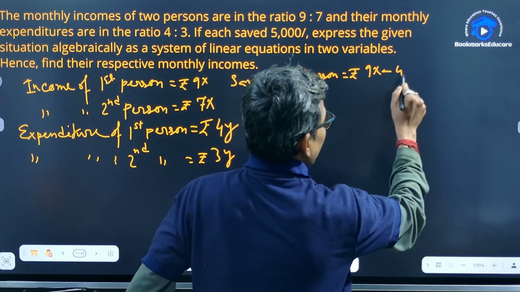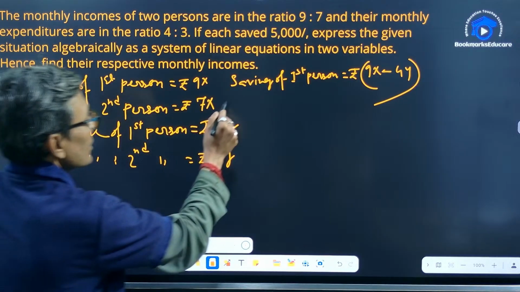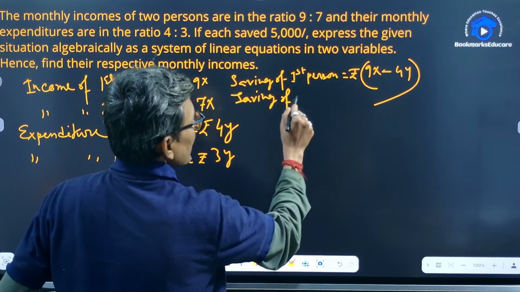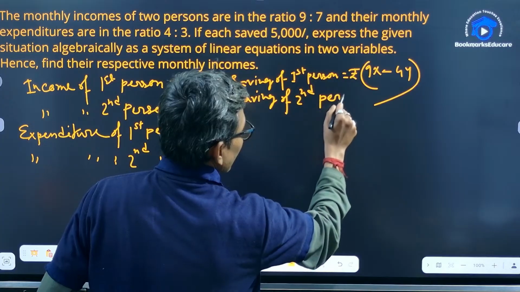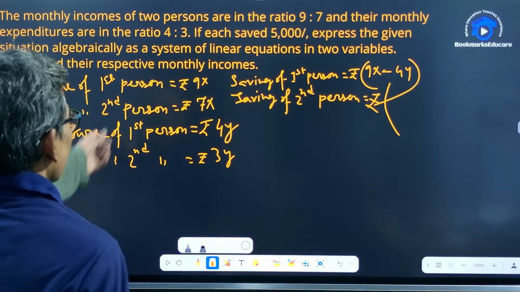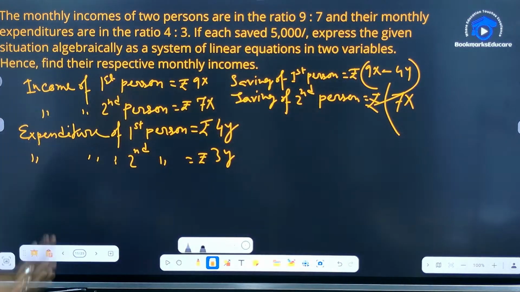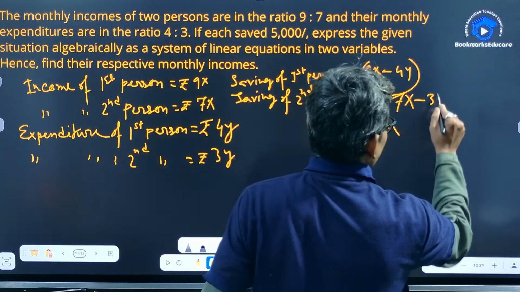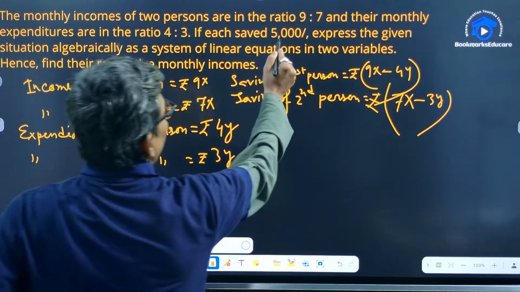So 9x minus 4y, this is the saving of first person, and saving of second person is rupees 7x minus 3y. दोनों का सेविंग सेम है, 5000 है.